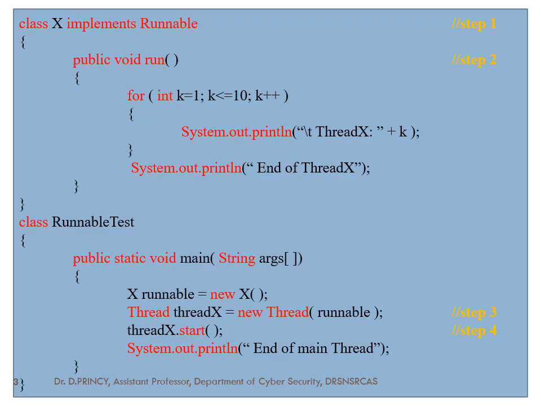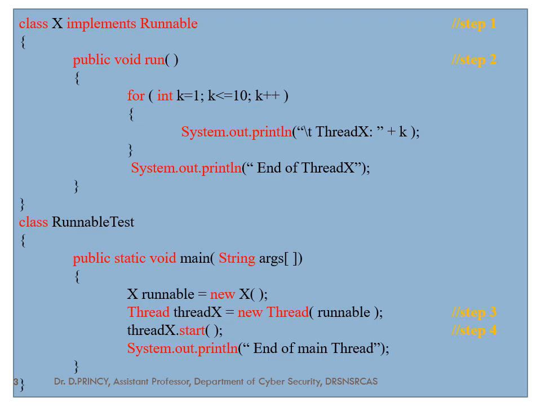After that, we create an object of the predefined Thread class, passing the object which we created, the object of our own thread class, to the predefined Thread class constructor. Then we can call the start method using that object. See, I'm explaining again.